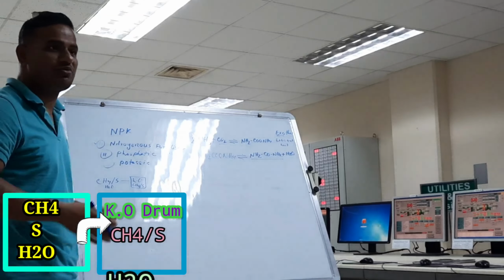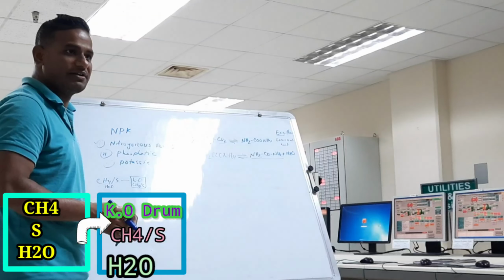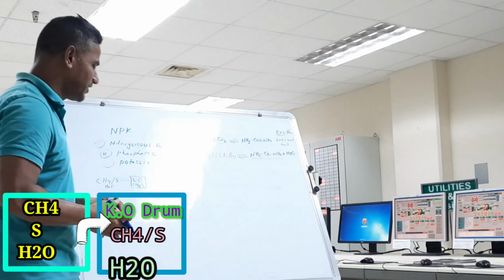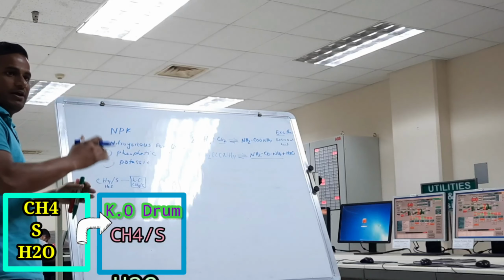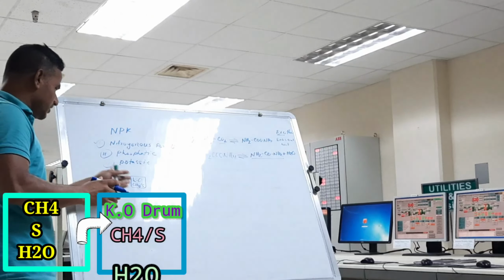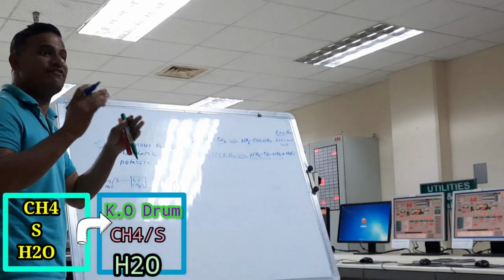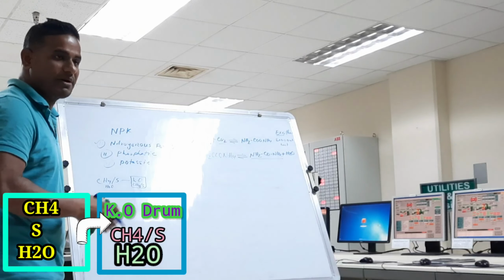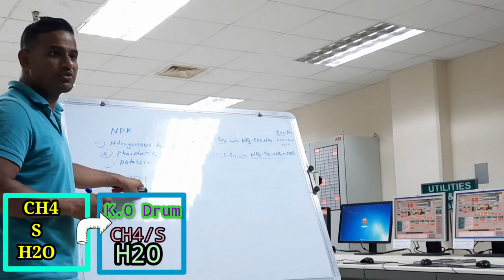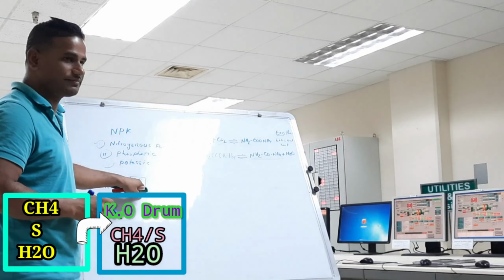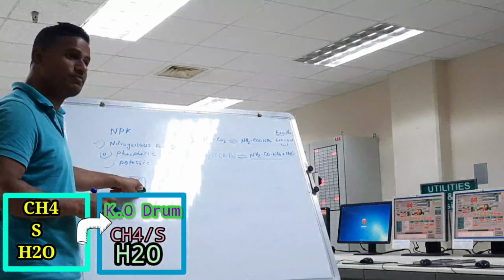But this sulfur is also very harmful for the plant. So anyhow we need to remove the sulfur. For removing this sulfur, the ammonia plant will take this product into the desulfurization section. But before going, it will go to the hydrogenator, because this sulfur is not possible to remove directly.